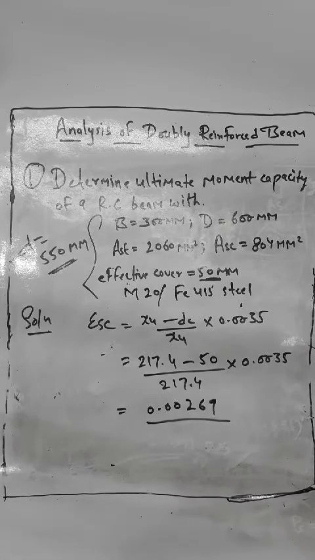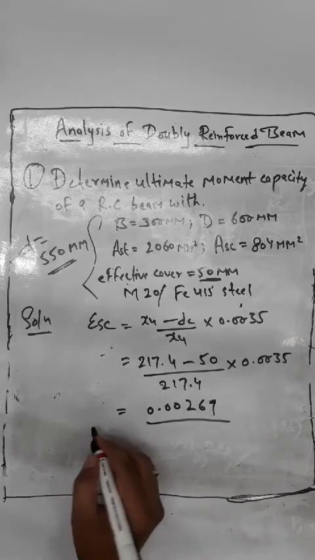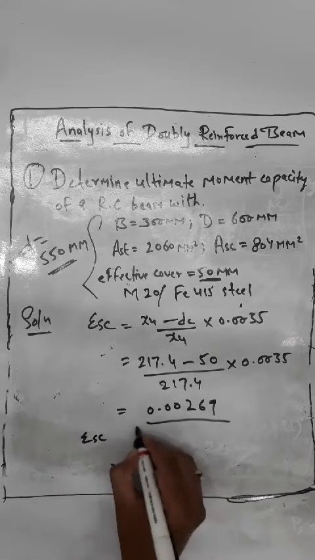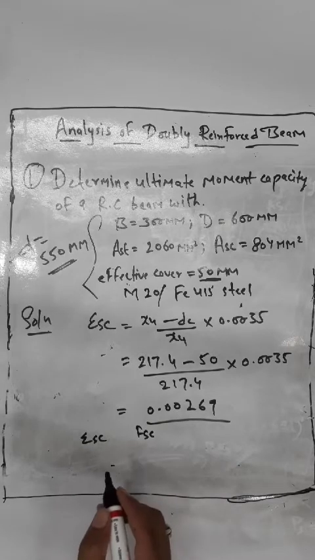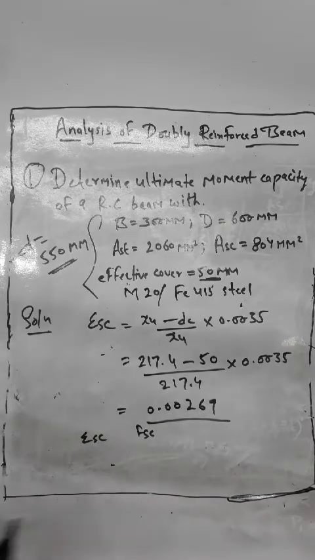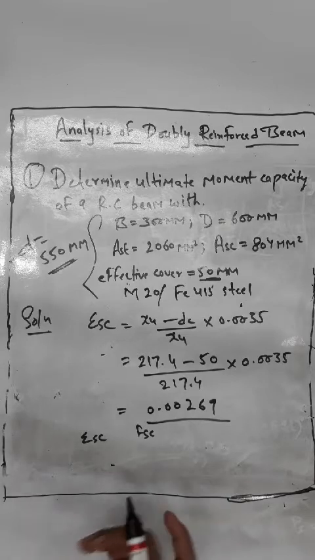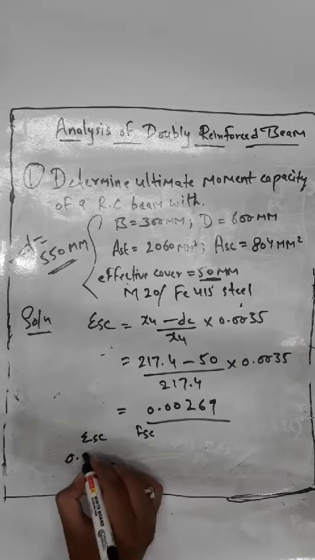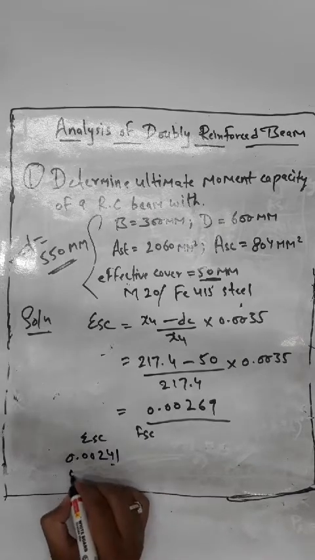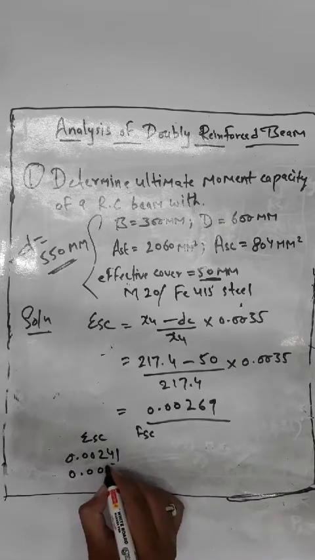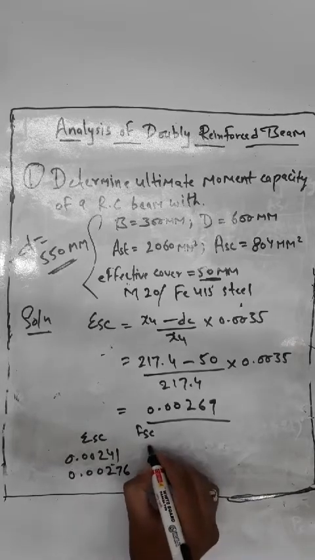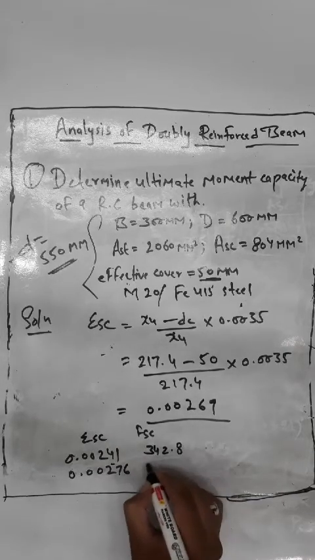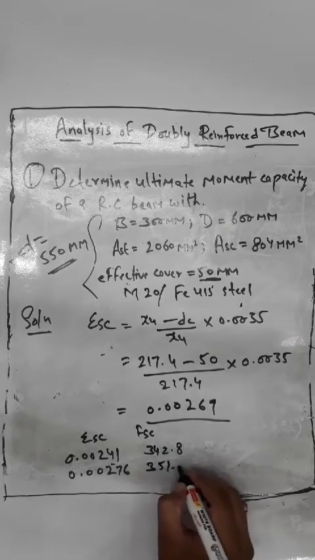Now with the help of the table, we know that we have values for Fe415, esc and fsc. We have used these values for solving the fsc. So for Fe415, here we have 0.00241, 0.00276, and the fsc values are 342.8 and 351.8.